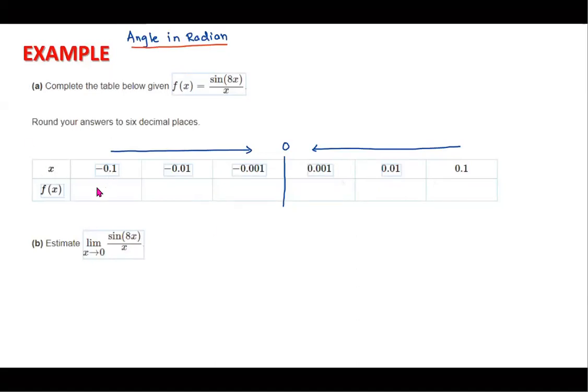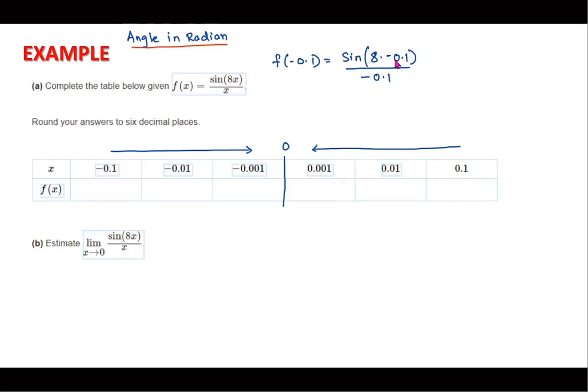To find the value that goes in this box, we plug in negative 0.1 radian into this function. So f of negative 0.1 is equal to sine of 8 times negative 0.1, divided by negative 0.1.